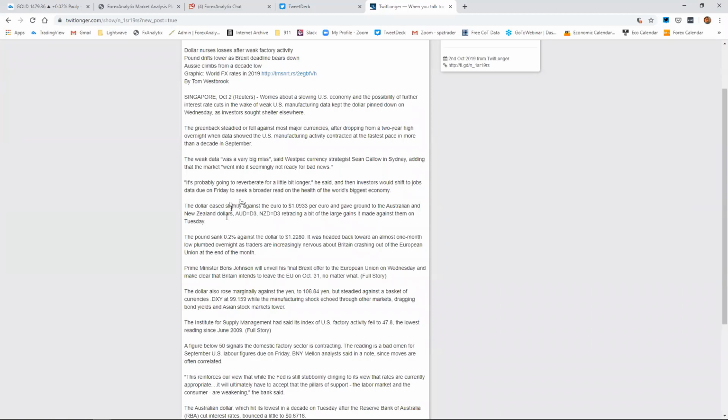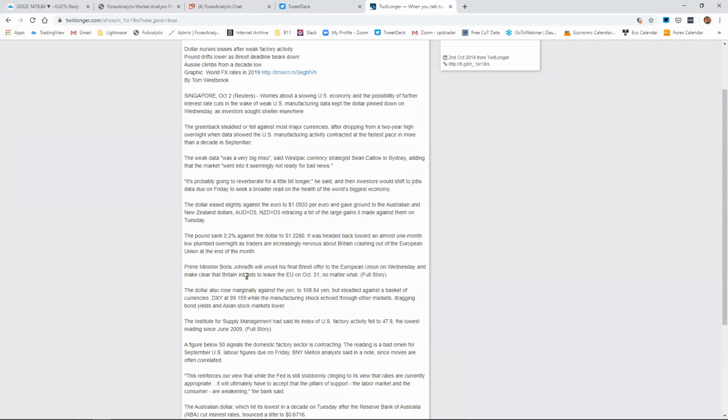The dollar eased slightly against the euro to 1.0933 and gave ground to the Australian and New Zealand dollars. The pound sank 0.2% against the dollar to 1.2280. It was headed back toward an almost one month low, plumbed overnight, as traders are increasingly nervous about Britain crashing out of the European Union.